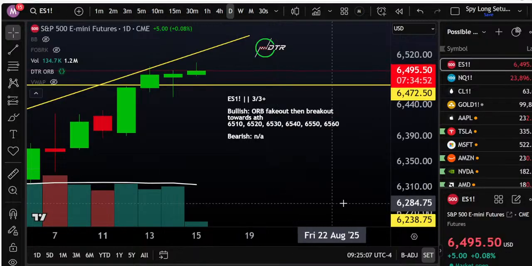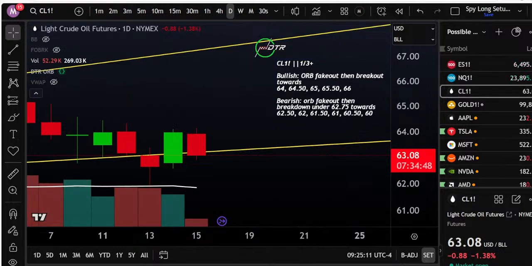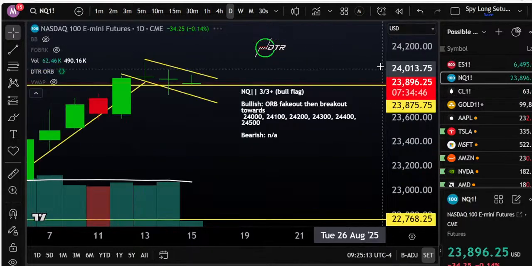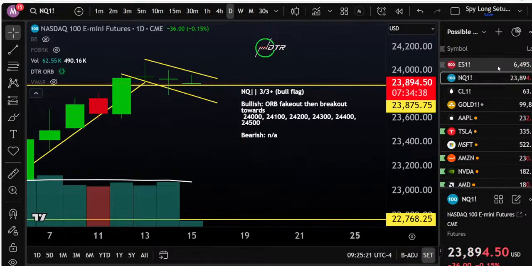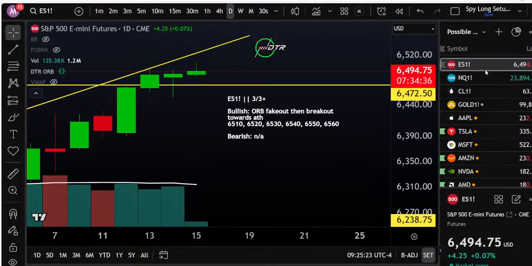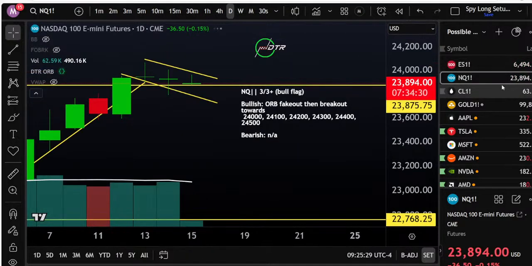So bull case on the indexes, two-way tape on CL, and then hopefully a nice weekend of backtesting of other tickers and seeing if maybe we can find something else that we can trade if things get really choppy like they have been.